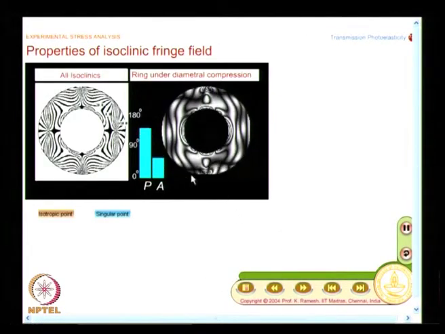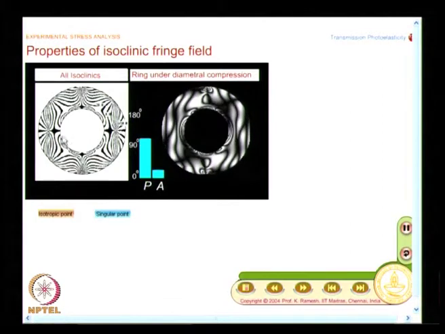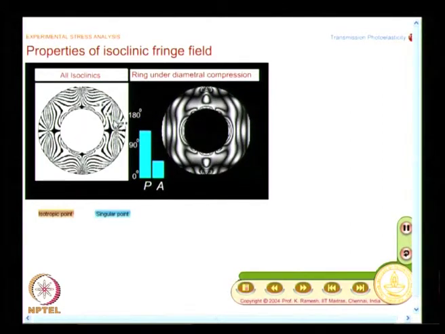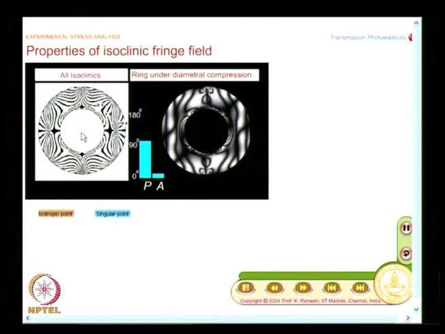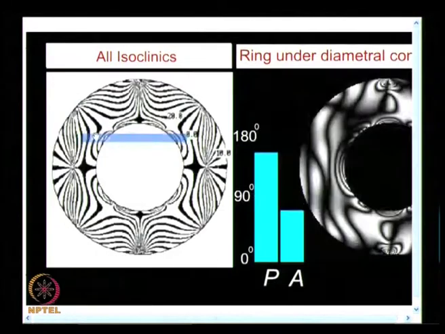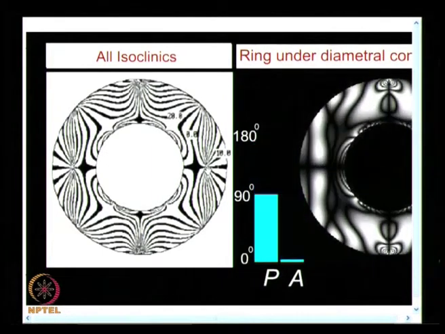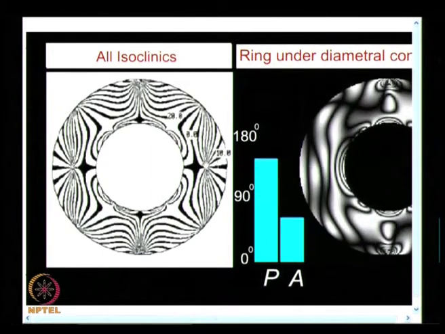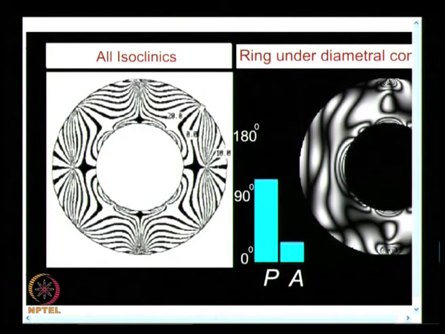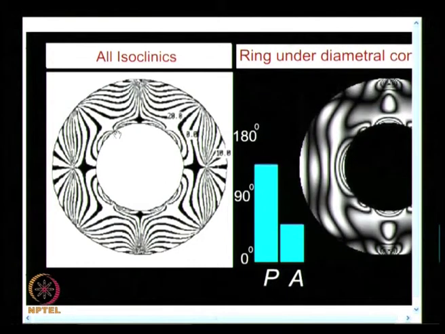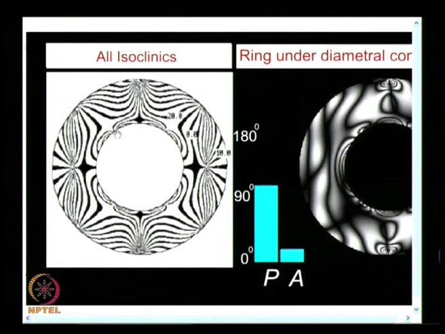So, to aid your visualization, I have also plotted the isoclinics in steps of 10 degrees, and this summarizes some of the observation. We will see those observations, and what I find here, at this point all isoclinics pass through, at this point all isoclinic pass through, and at this point you have all isoclinic pass through.